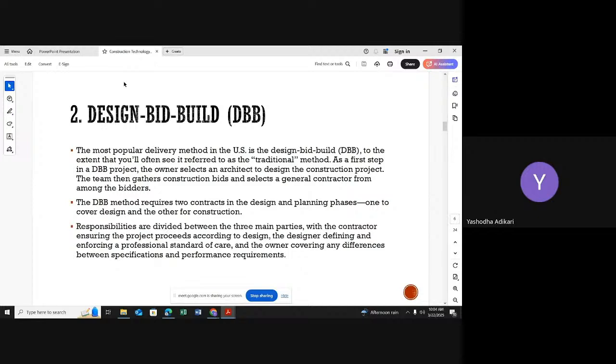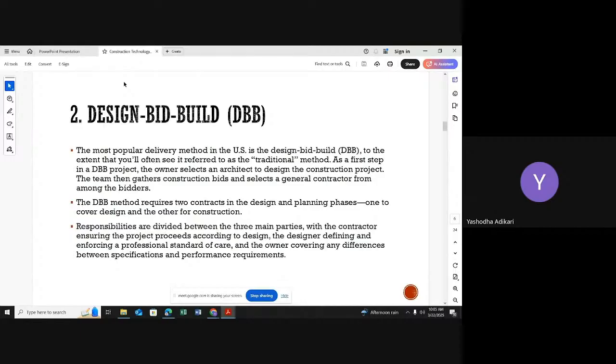Responsibilities are divided between the three main parties, with the contractor ensuring the project proceeds according to the design, and the owner carrying any differences between specification and performance requirements. In this procurement method, normally we also use the word procurement, we have to work with actually three parties.